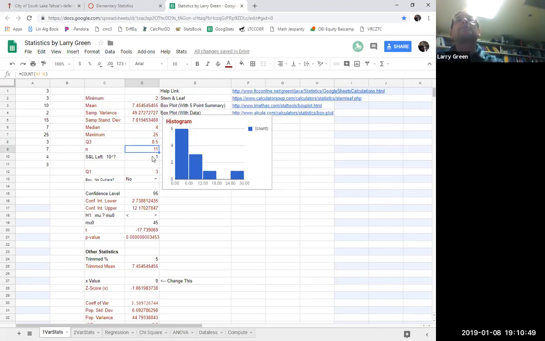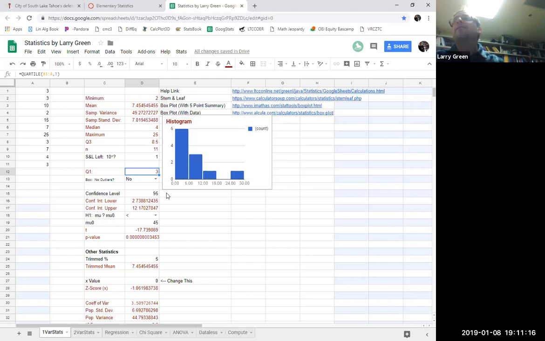Okay, N is the sample size. There were 11 people that answered the survey. Q1 is the first quartile. So that's very similar to the third quartile, but instead of taking the median of the top half, any guess on what you can do for Q1? Yeah, you take the median of the bottom half.